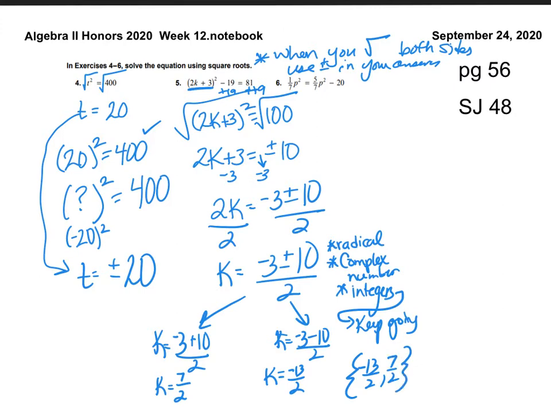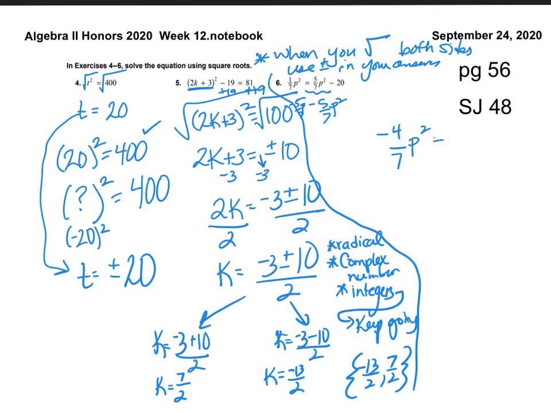Moving on to the next one, I am going to move this 5/7 to the other side by subtracting 5/7. Negative 1/7 p squared minus 5/7 p squared is negative 4/7 p squared.